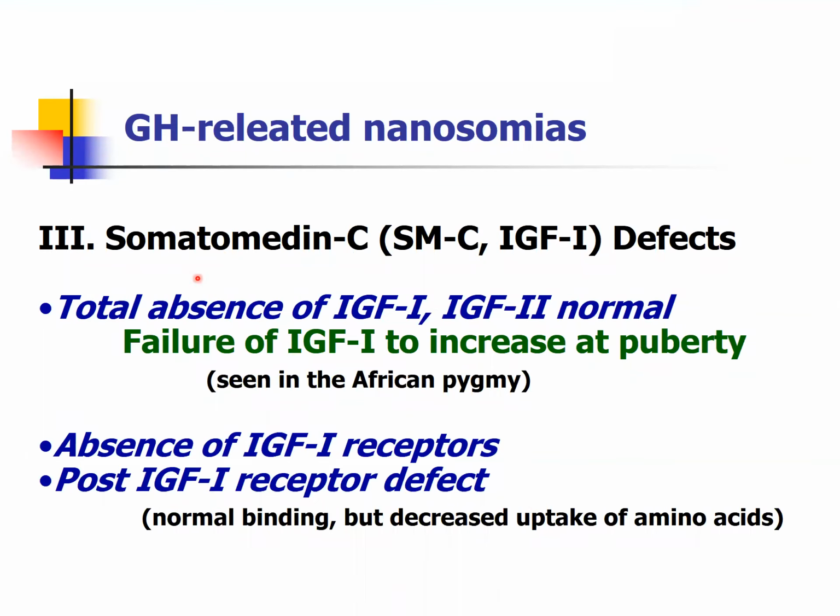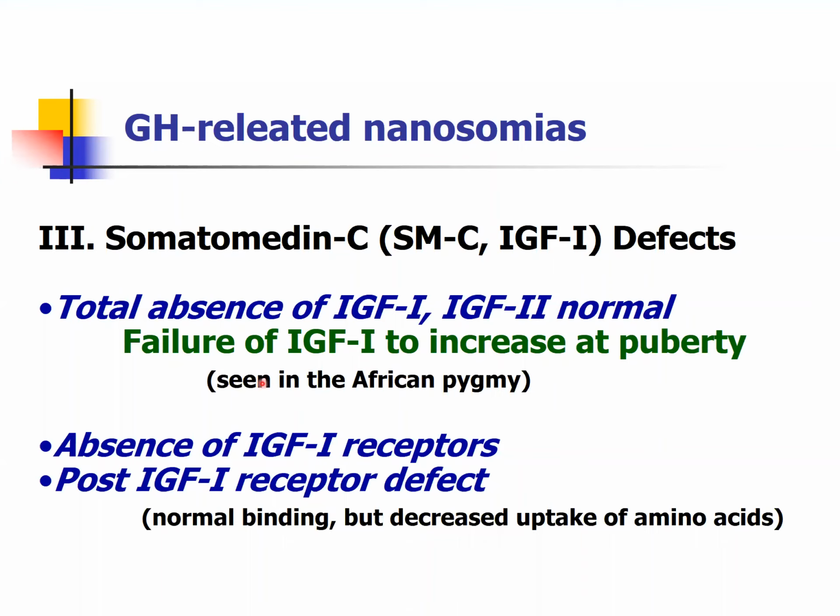Another thing is the somatomedin, or IGF-1, defects. In this case, there can be a total absence of IGF-1, or IGF-2 that can be normal at the same time, and this is associated with a failure of the surge of IGF-1 that occurs during puberty.